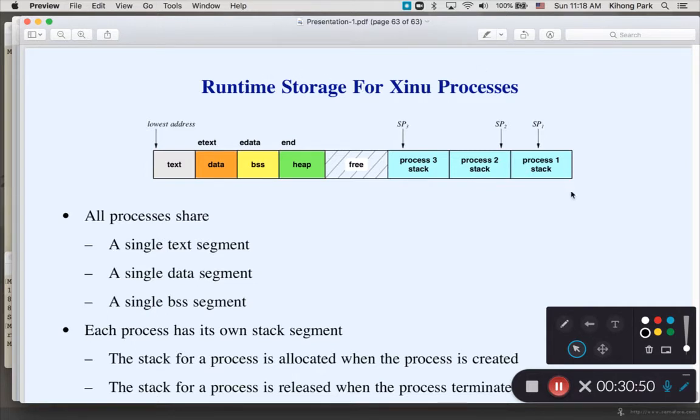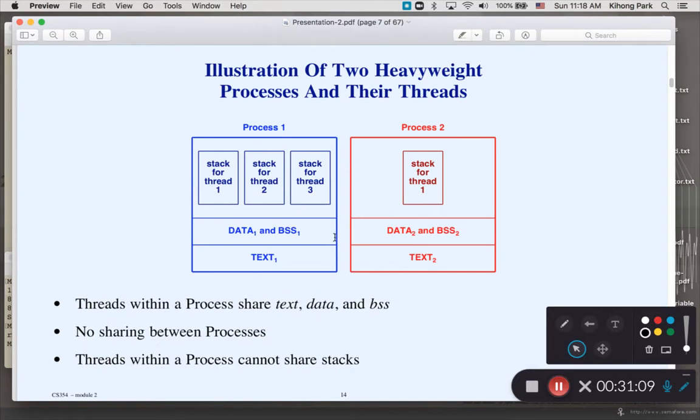This is its logical structure: code, data, but one stack per process. This is what Xenu looks like. But what does this remind you of? It reminds us of this picture. Everything is shared. The only thing that's not shared is one stack per thread.